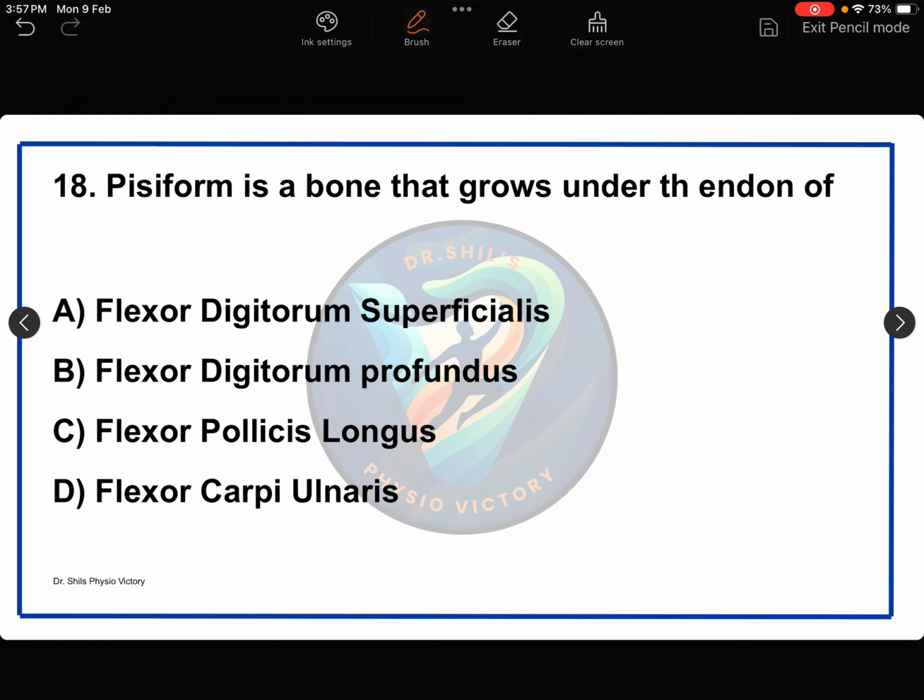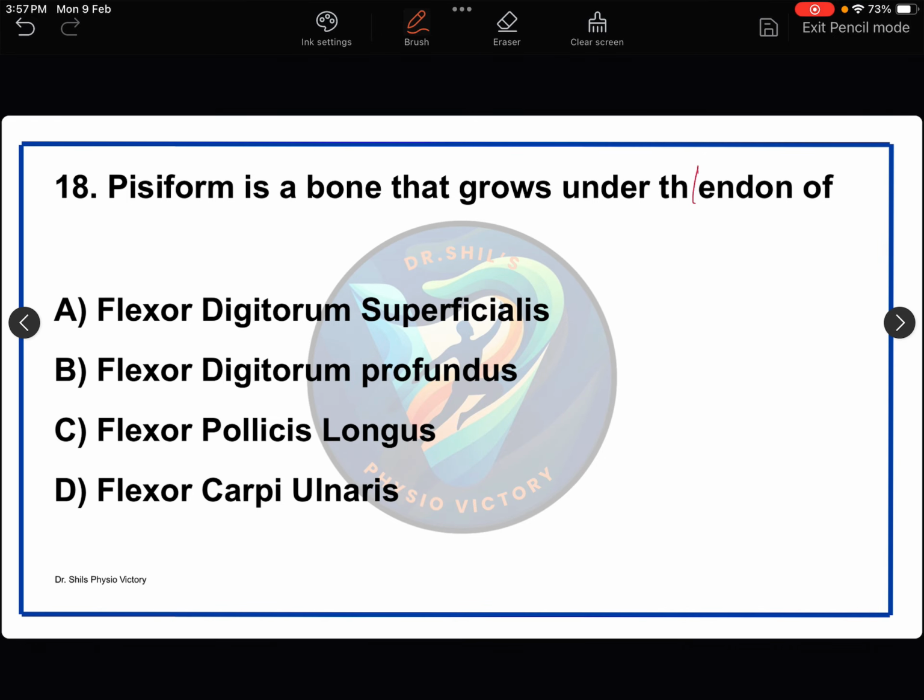Next, come to question number 18. Pisiform is a bone that grows under the tendon of option A, flexor digitorum superficialis, option B, flexor digitorum profundus, option C, flexor pollicis longus, and option D, flexor carpi ulnaris.